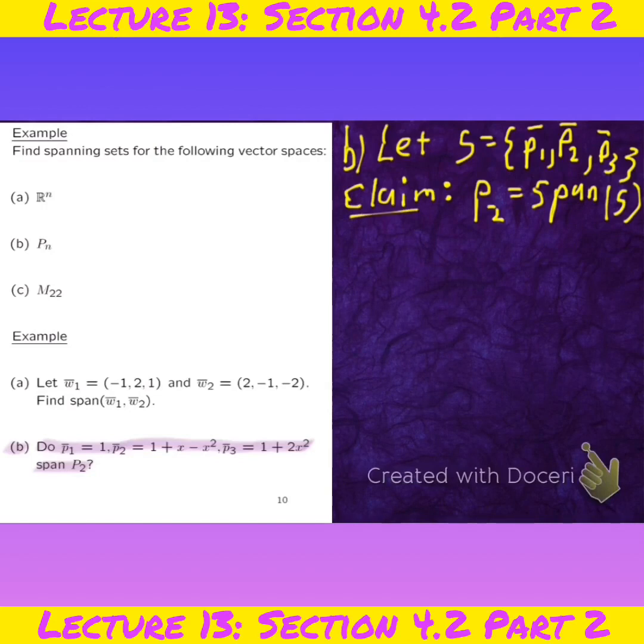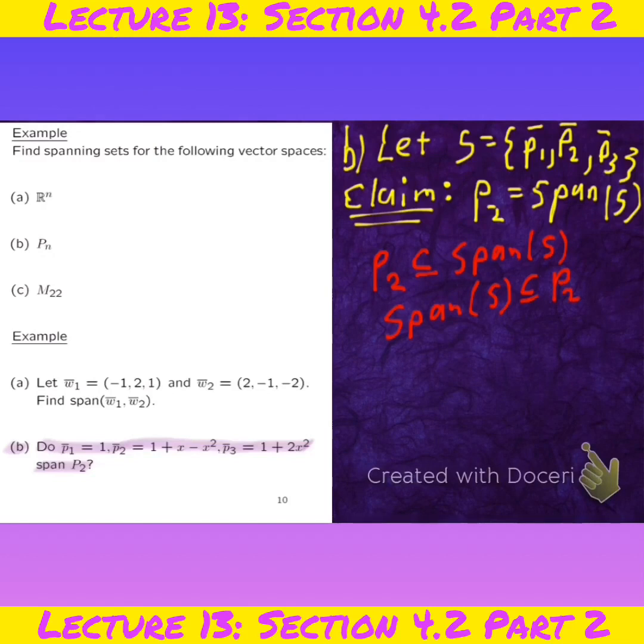Okay, now how do I prove that S spans P2? How do I show that two sets are the same? How do I show that this set is equal to that set? I show it by showing that, firstly, I have to show that P2 is contained in the span of S, and I have to show that the span of S is contained in P2.